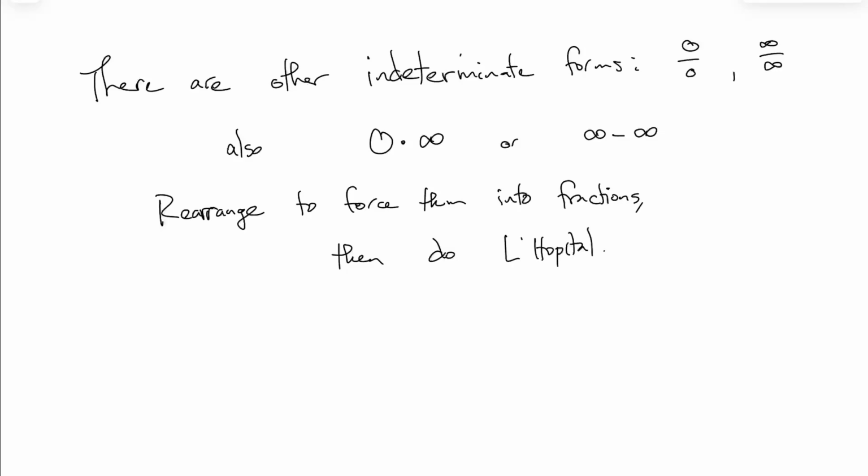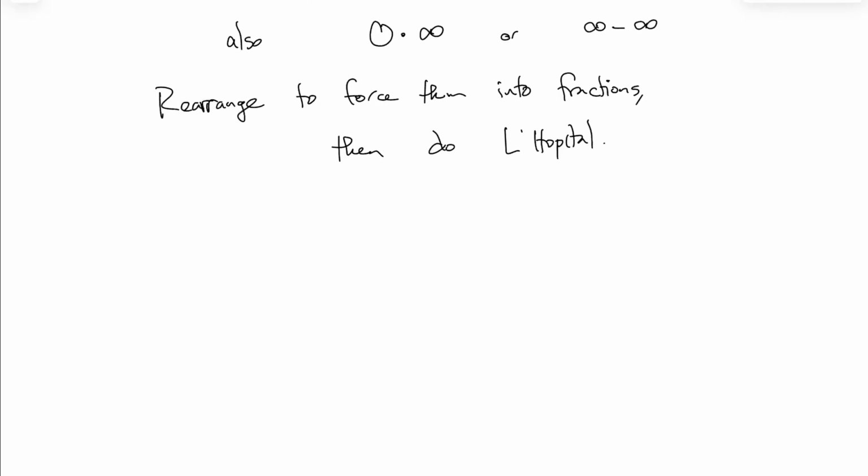So if you ever see something that looks like 0 times infinity, change it around so that instead of times, it's a division, and then it should be in a format where you can do L'Hopital's rule. So I have just 2 examples of that type. Maybe 3, and then I have some for you to try.